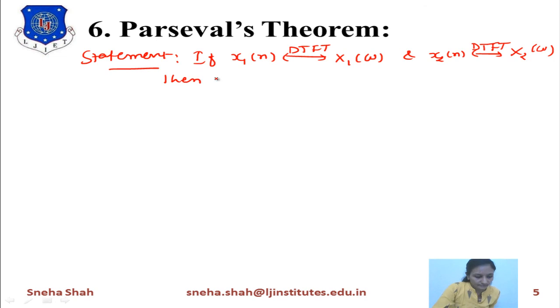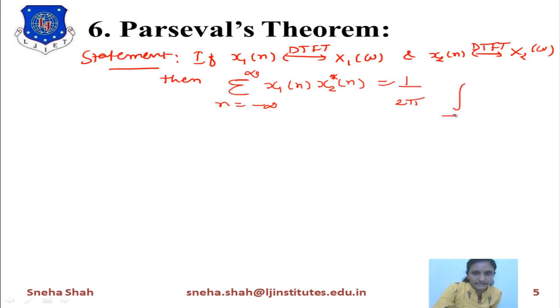Then summation n equals minus infinity to infinity x1 of n and conjugate term of x2 of n will give you the answer as 1 upon 2 pi integration minus pi to pi x1 of omega x2 star of omega d omega. So this is the property of Parseval's theorem.